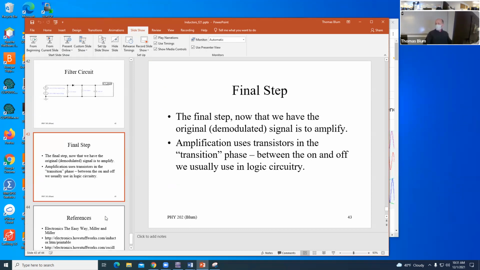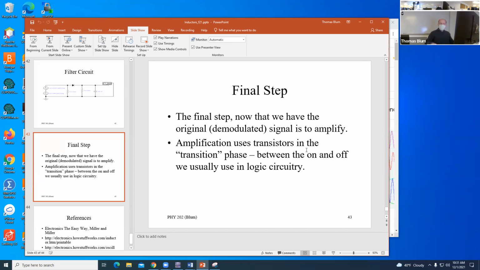And then the final thing I need to do is amplify my signal, and that's a transistor thing. A transistor, we talked about, if you did lab 9, you saw there was an off region, an on region, and a transition region.